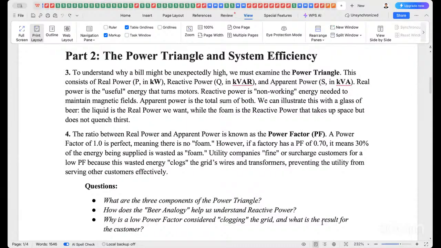That complete satisfaction is when the power factor is at 1. Now let's say the foam, which is the reactive part, occupies maybe 30%. In that case we have a real power of 70, and the foam occupies 30%.